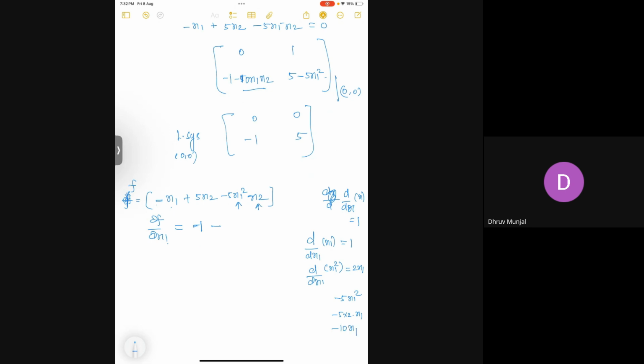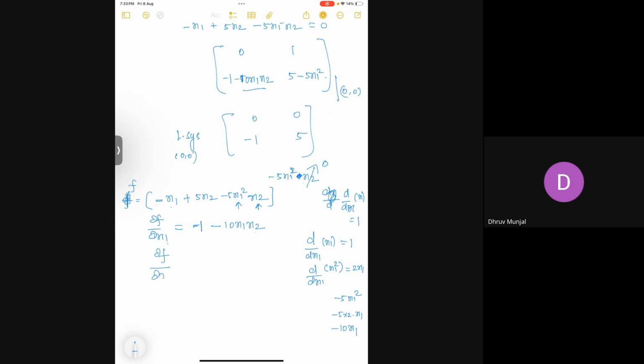Already there is another variable multiplied with that, so we have to write it as it is. We don't have to remove that for the first equation, since it is a multiplication. If it were minus 5x1 square plus x2, then differentiating x2 in terms of x1 would go to 0. Since it is multiplied, I'm just keeping that variable as it is.